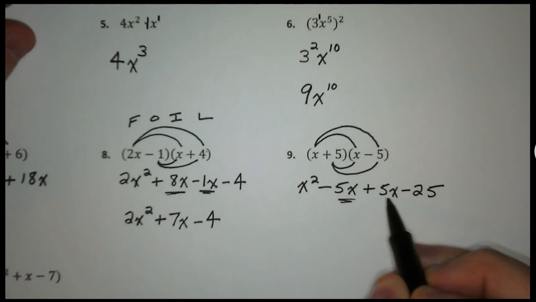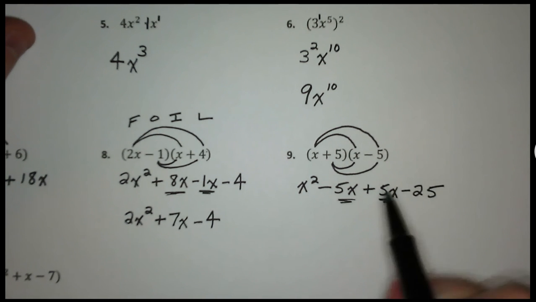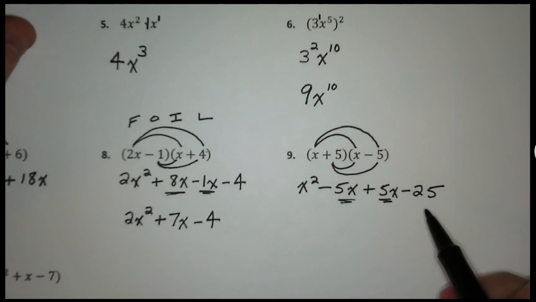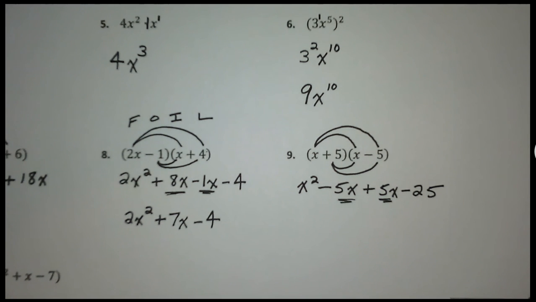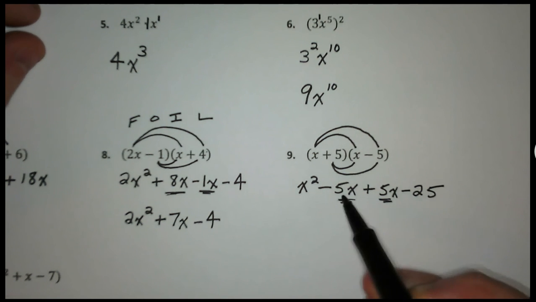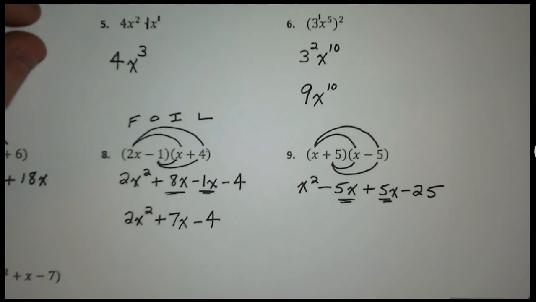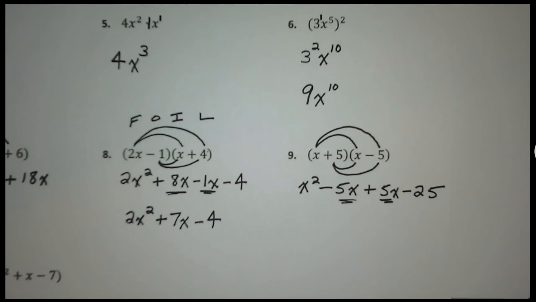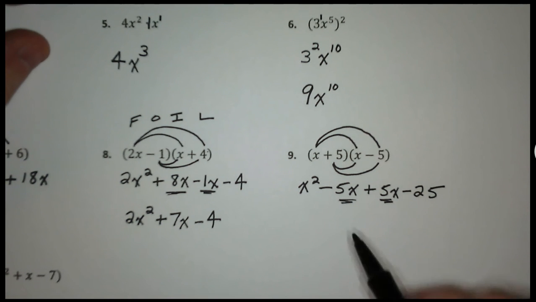Now, once again, these are like terms. And it turns out here something special happens, and I'm referring to what textbooks call special case examples. Because when these combine, they totally cancel out. That's technically 0x, but it's gone.